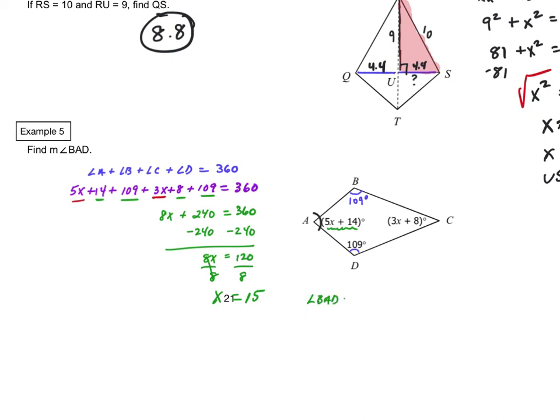Angle BAD is the same thing as angle A, which is 5x plus 14, which is 5 times 15 plus 14, which is 75 plus 14, or 89 degrees. So there you go. That is 89 degrees.